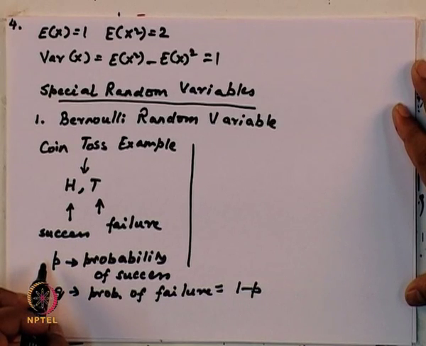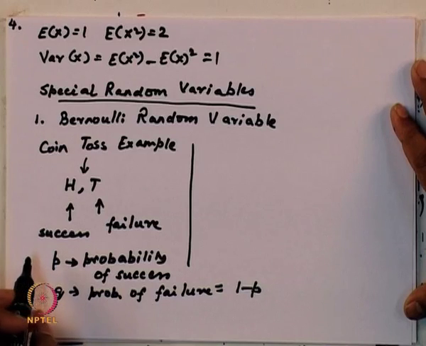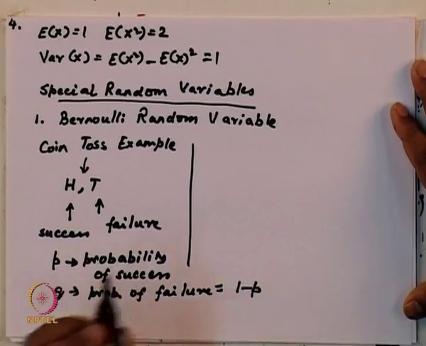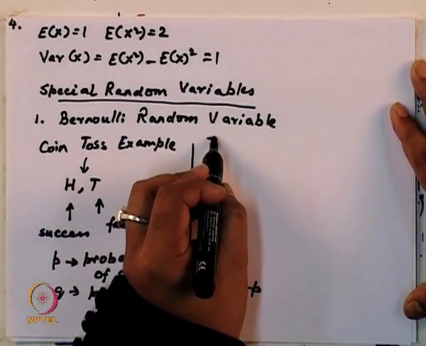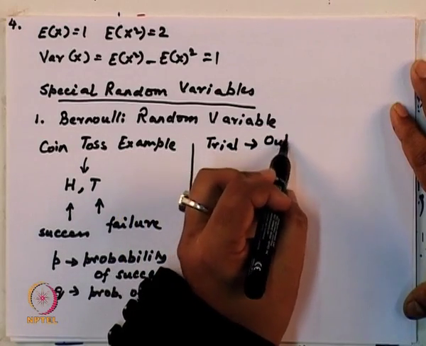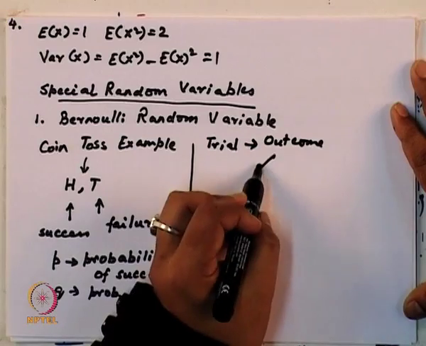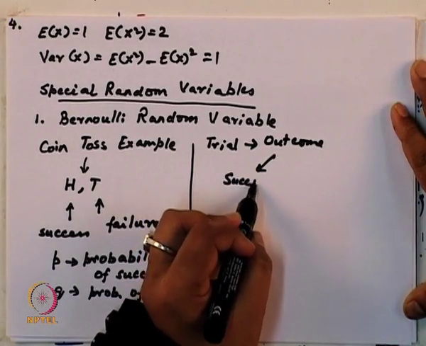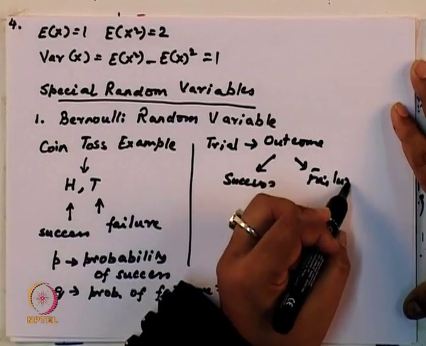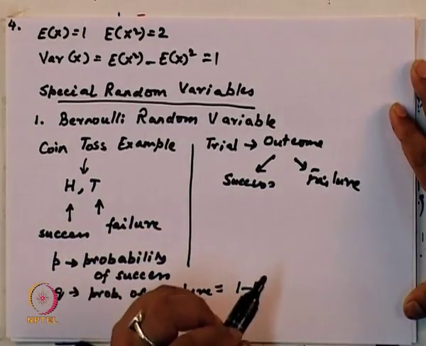If your coin is unbiased, then P and Q will be equal to half, but if it is biased, then P and Q may not be half. In general, in each trial, the outcome is either a success or a failure, depending on how you define an event as a success or a failure.